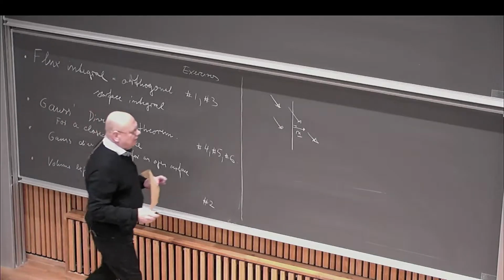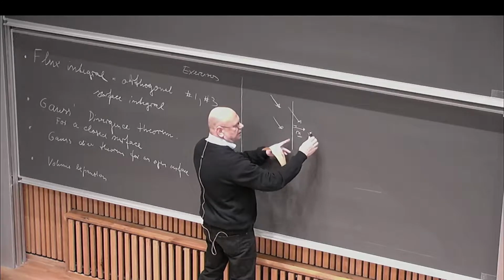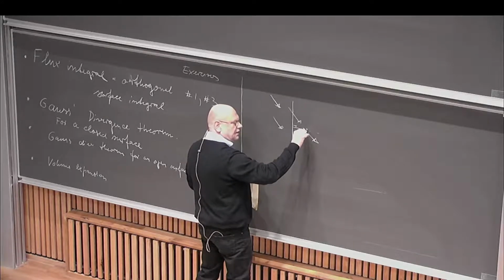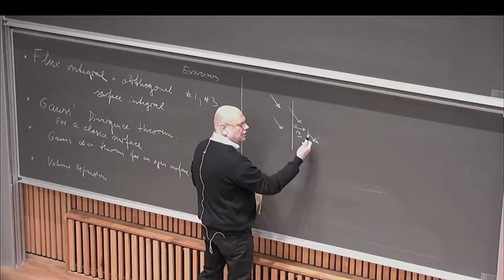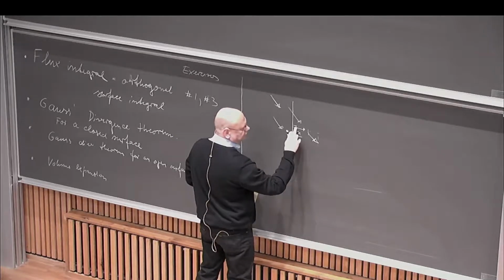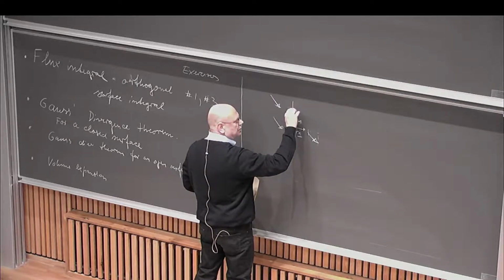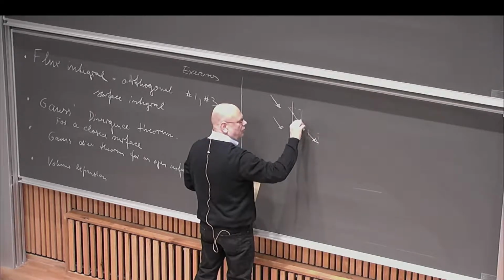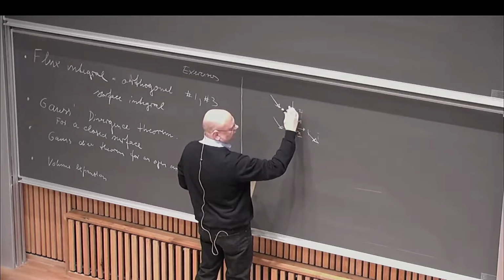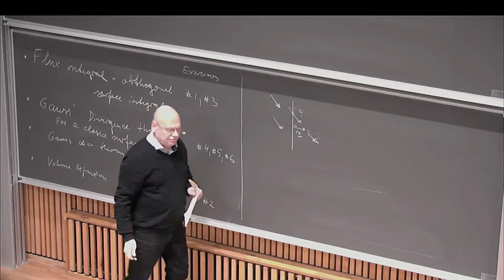And then you can see if we have such a vector here, the thing that matters is the projection of this vector field onto the normal. So if at any point on the surface here you take the normal projection, or the projection to the normal, then you can see how much goes through it.